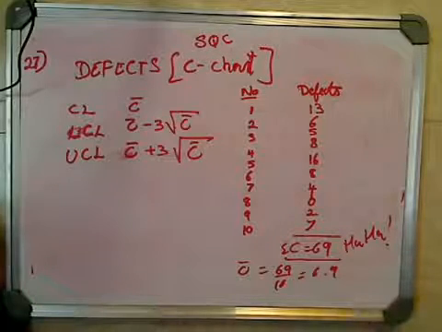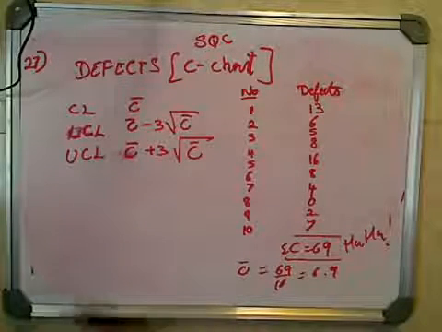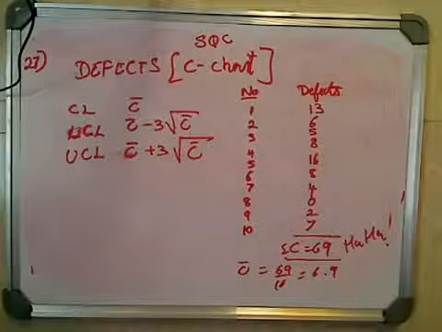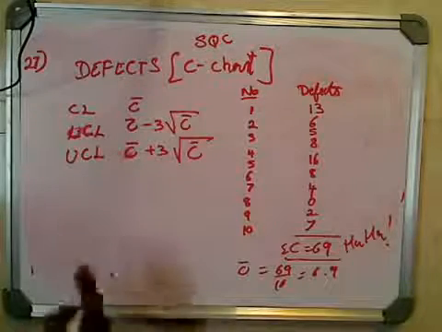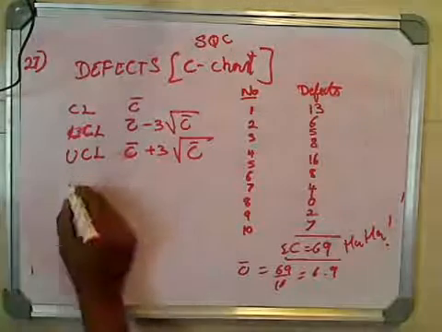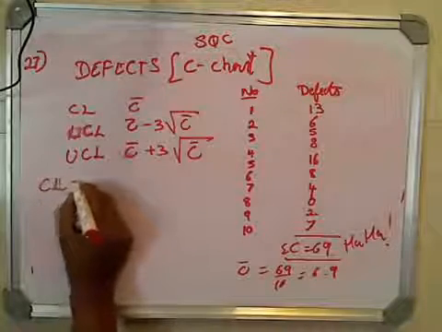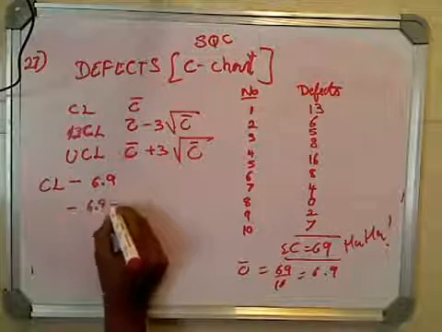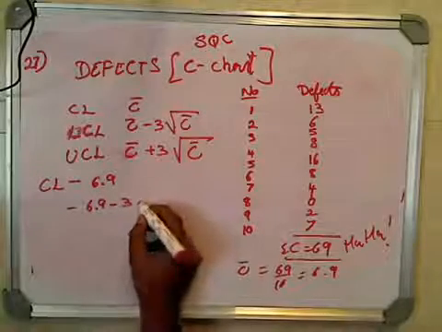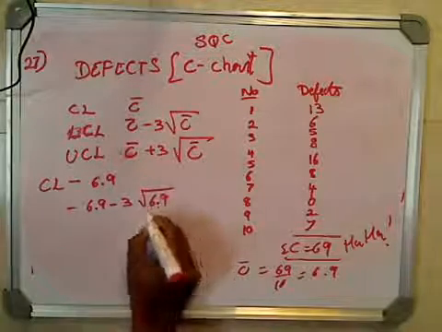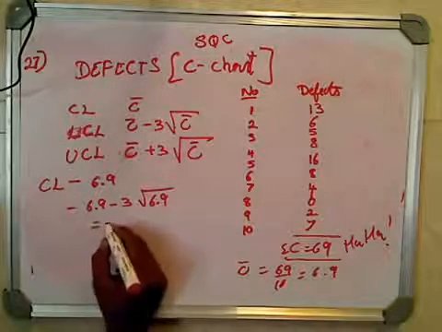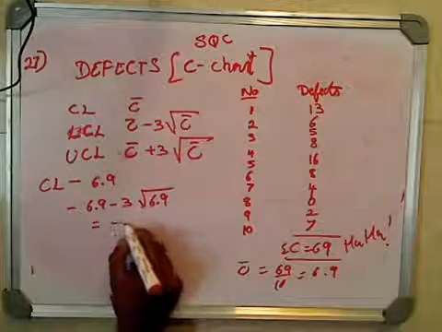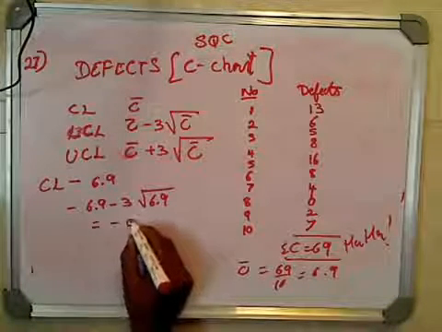6.9. All I need to do here is, since I've found 6.9, substitute it in the different formulas that you have here, and I have my answer. So CL here would be 6.9. LCL is 6.9 minus 3 square root 6.9. This gives me the value minus 0.98.